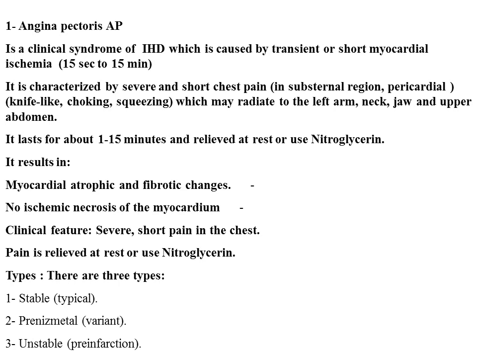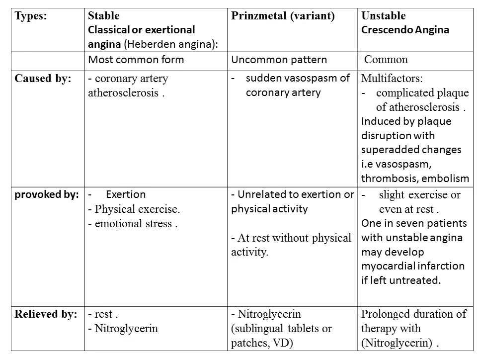There are three main types of angina pectoris: stable, Prinzmetal, and unstable. Stable angina pectoris is the most common type and is caused by coronary artery atherosclerosis.